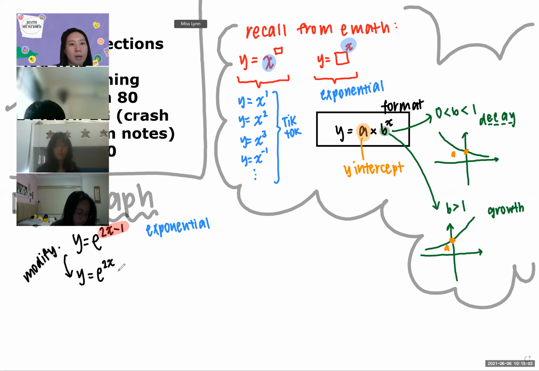I need times. So I will have e to the power of 2x times e to the power of negative 1. Yes, very good. Now it's almost like the form a times b to the power of x already.